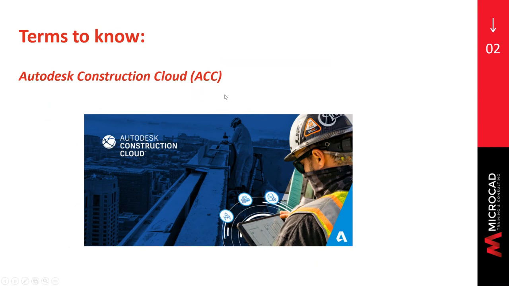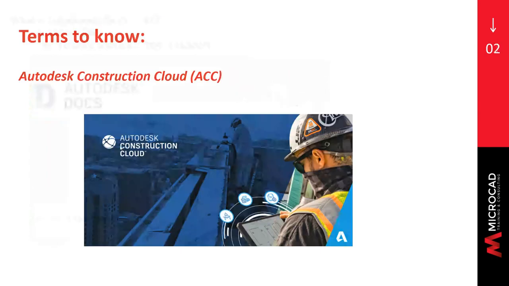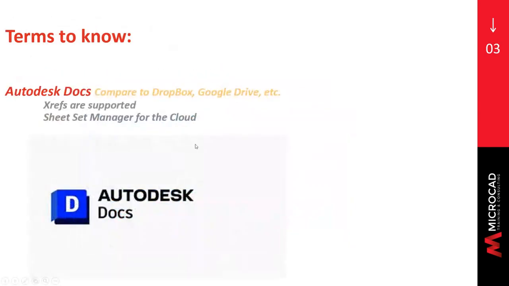That is your location where you'll store your AutoCAD drawing files, sheet sets. With BIM Collaborate Pro, then you would be able to share your projects from Autodesk Docs, etc. Now, if you just have straight Autodesk Docs, you could compare that to having something like Dropbox or Google Drive or any number of cloud-based storage locations.